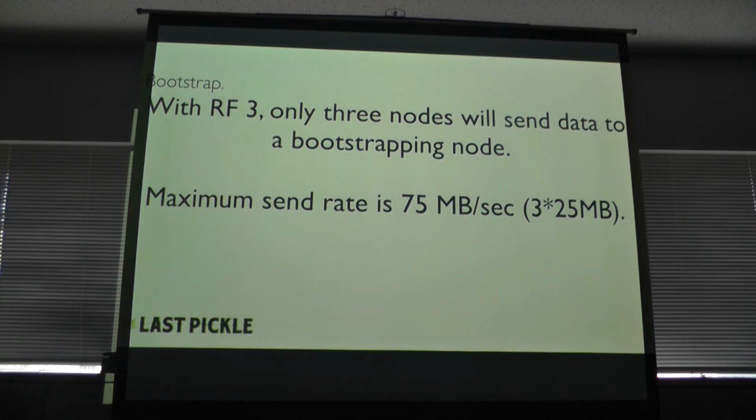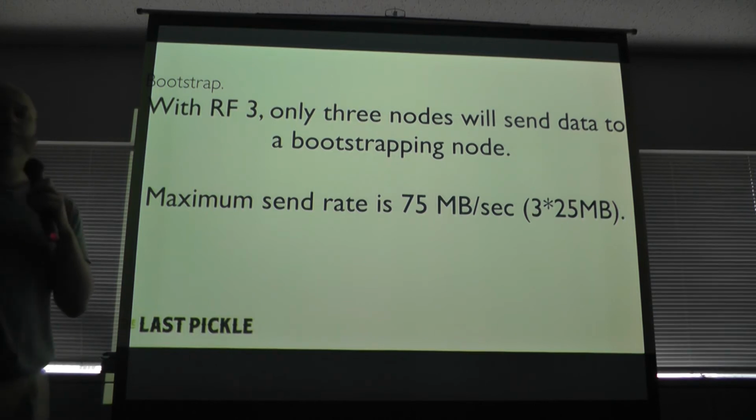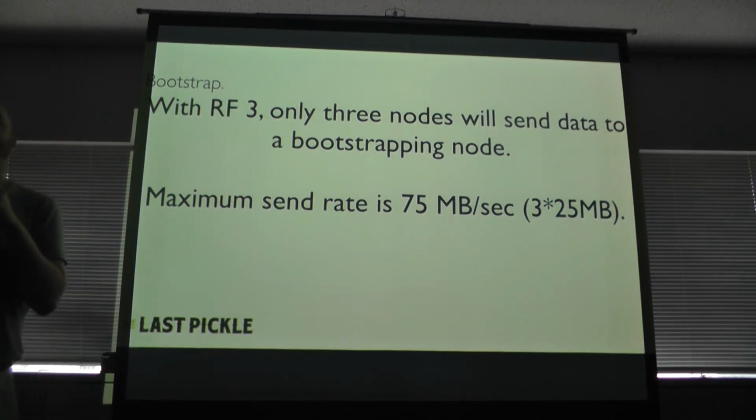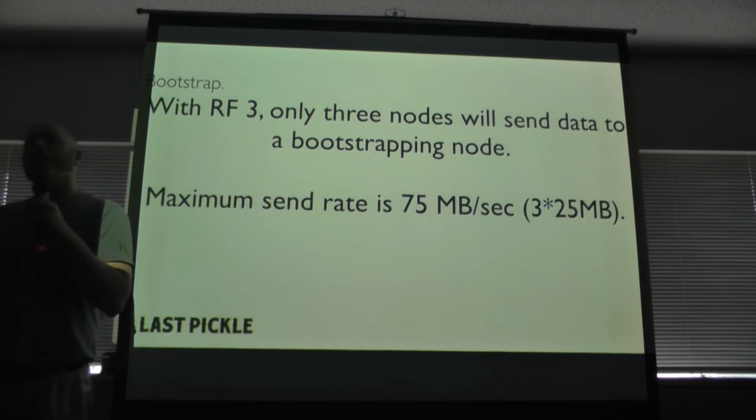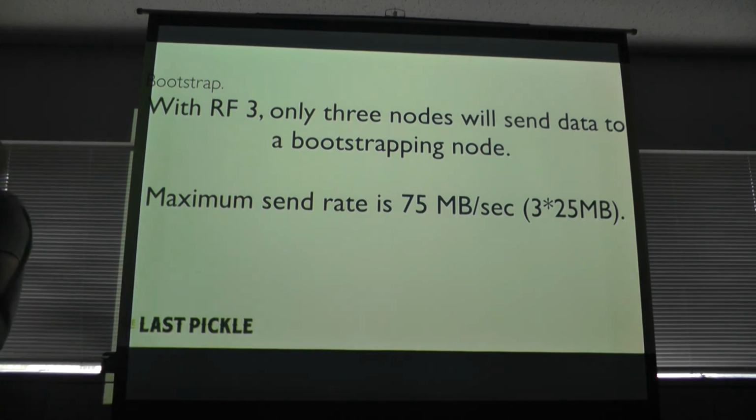So because each of those has a maximum of 25 megabits per second sending speed, we've got a maximum rate of 75 megabits per second, and that is about 3/4 or 2/3 of the speed of a 1 gigabyte network.